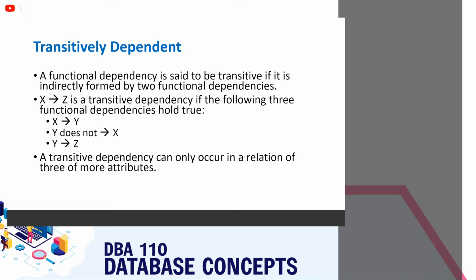Typically we have 2 elements that are dependent on one another, 2 elements that are dependent on one another, and then kind of the odd one out from each relationship that have this transitive dependence because the only thing that connects them is really the third element. Right? So a functional dependency is said to be transitive if it is indirectly formed by 2 functional dependencies.